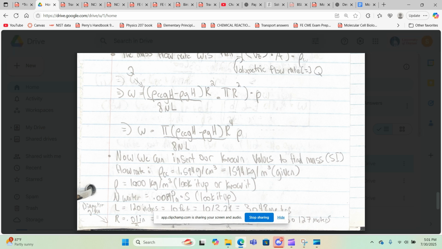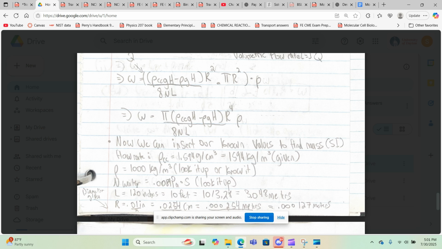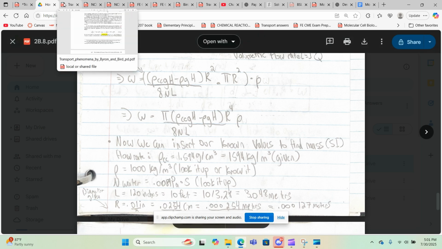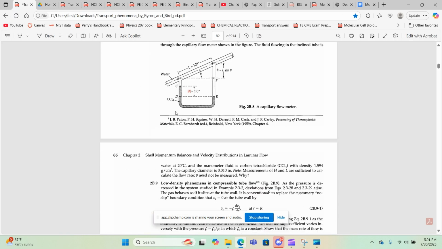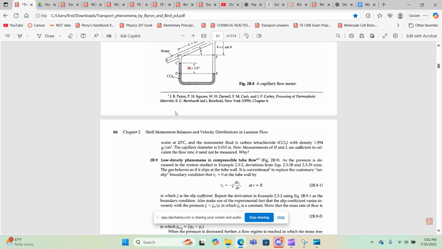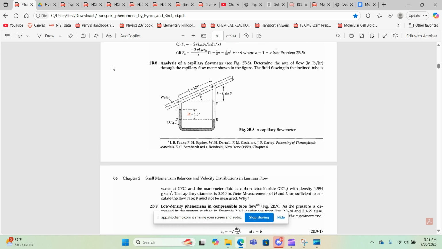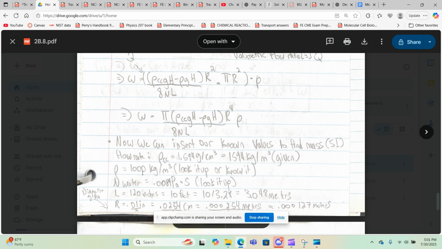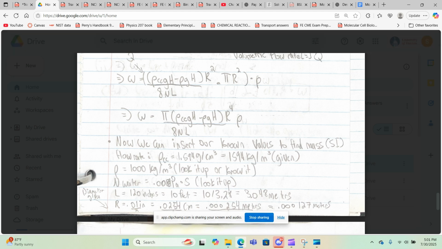Density of water is 1,000 kilograms per meters cubed. You should probably just know that. Viscosity of water, 0.0089 pascal seconds. I think it might give you that. I've seen values in textbooks for normal conditions from 0.0085 to 0.009 to even 0.001. Some people use that.